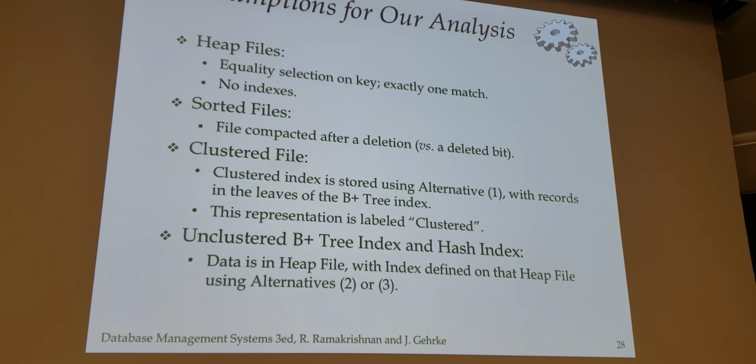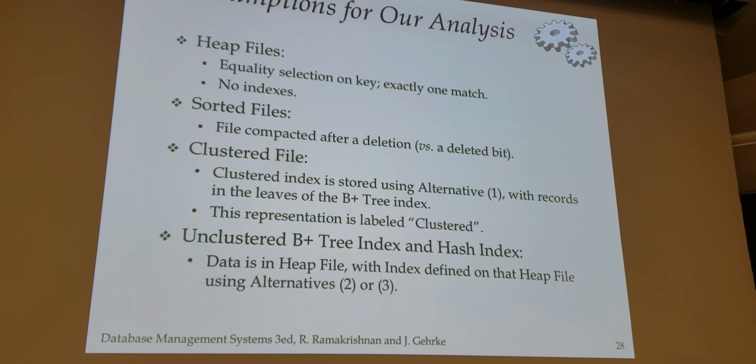I can tell you how to modify it if there could be more than one. It's really easy. And with a heap file, we'll assume no index to mess with, so you have to go through the whole heap. In the case of a sorted file, we will assume that when things get deleted, you actually delete the record, same as what you have to do in project 1.